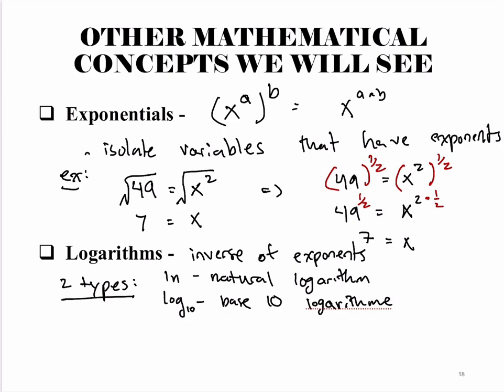And the purpose of this is that when we take the logarithm of something with an exponential, it moves that exponent outside here, right? And so it becomes x log 2 is equal to log base 10 of 15.